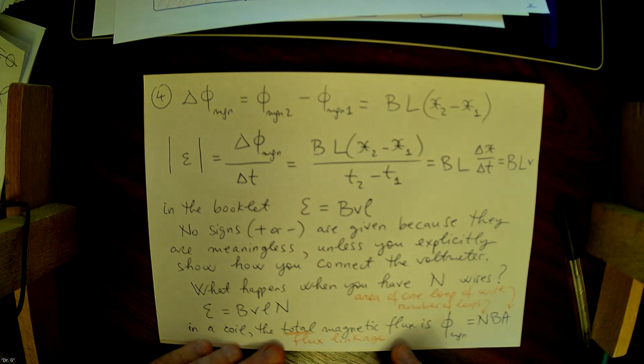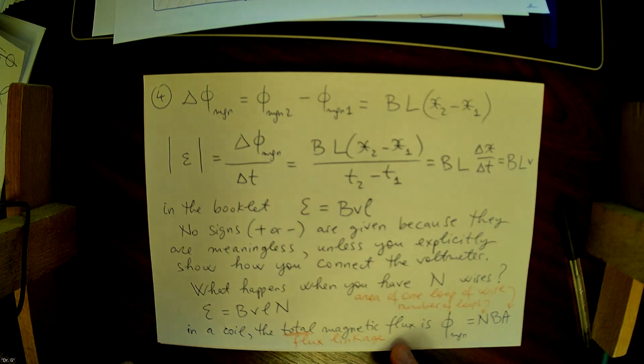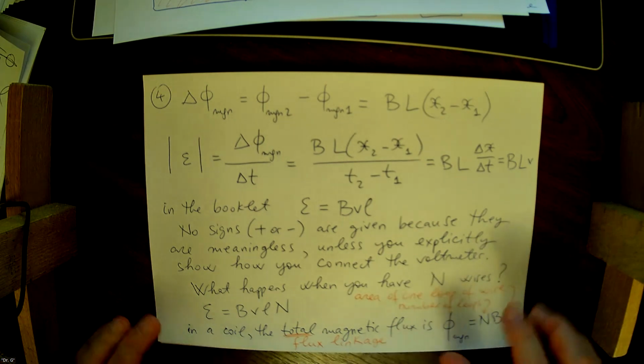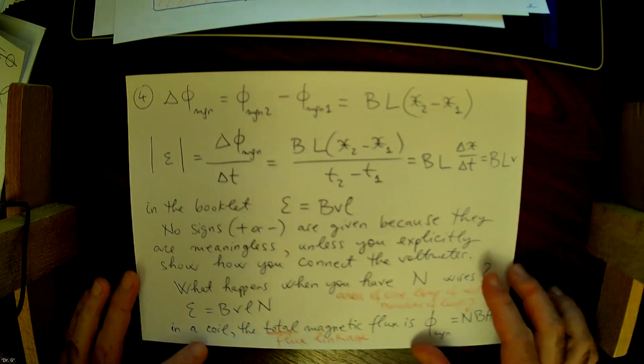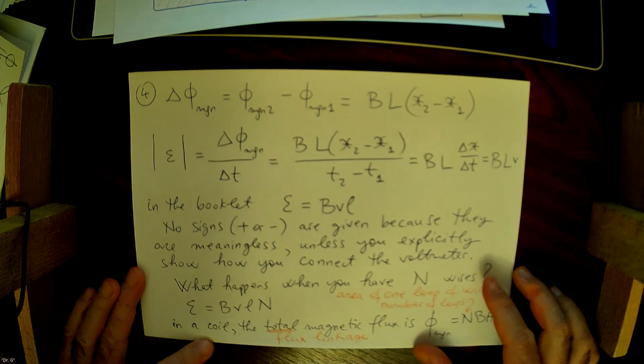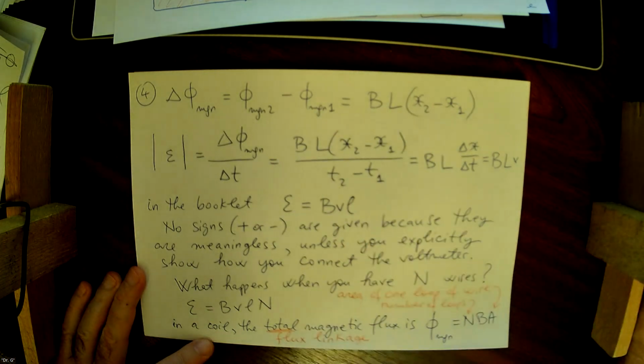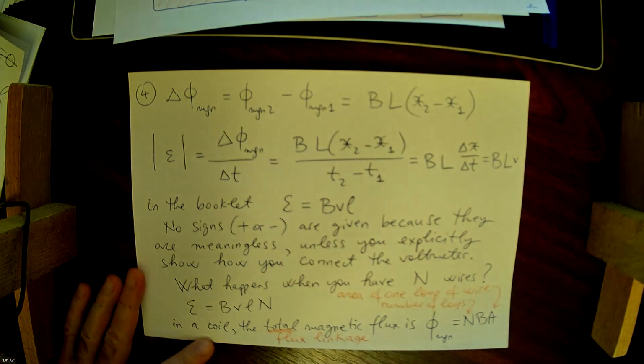That means the total magnetic flux in a coil that has several loops of wire. Now, this is how we understand the EMF using Faraday's law.